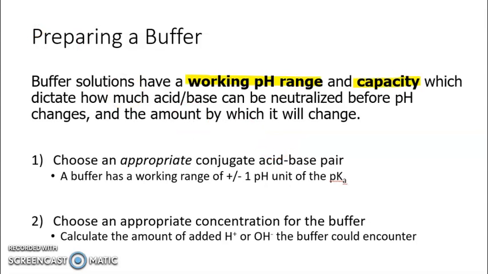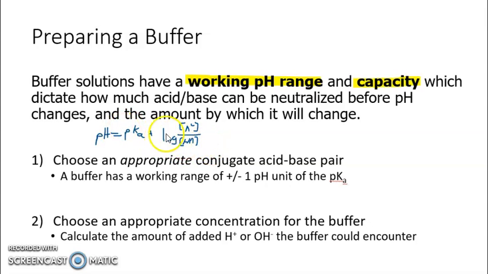Now, I promised you I would explain something in a little more detail. In the Henderson-Hasselbalch equation, we have pH equals pKa plus the log of the conjugate base concentration, or the anion, over the concentration of the acid, and I'm just using these generic placeholders, HA and A-.